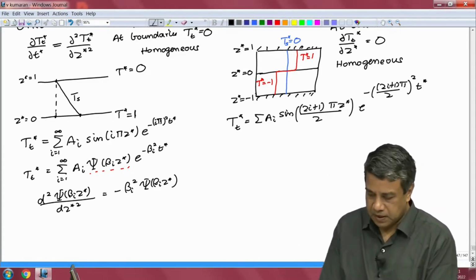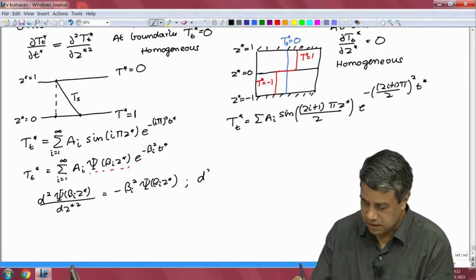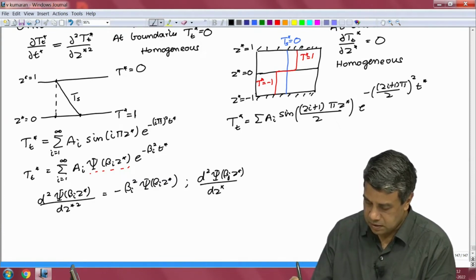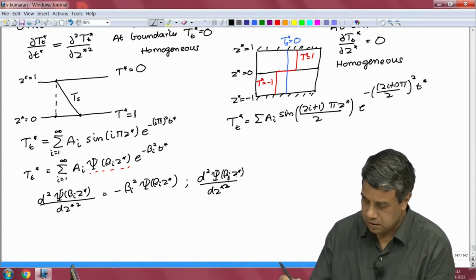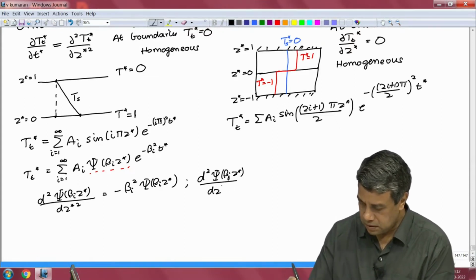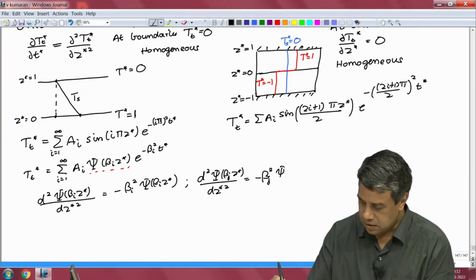And similarly, for some other integer j, you will get d square psi of beta j z by dz square is equal to minus beta j square psi.